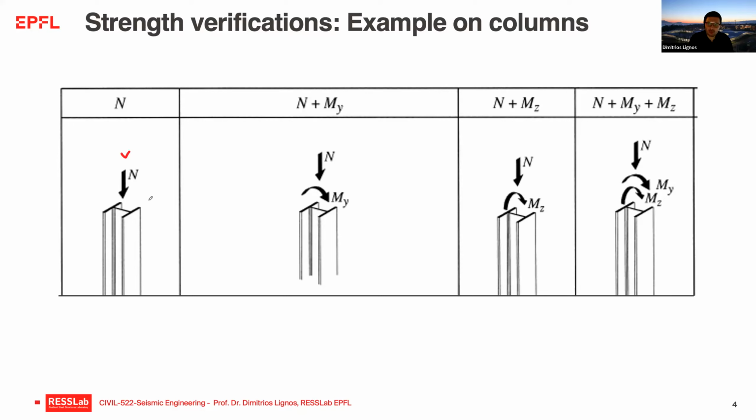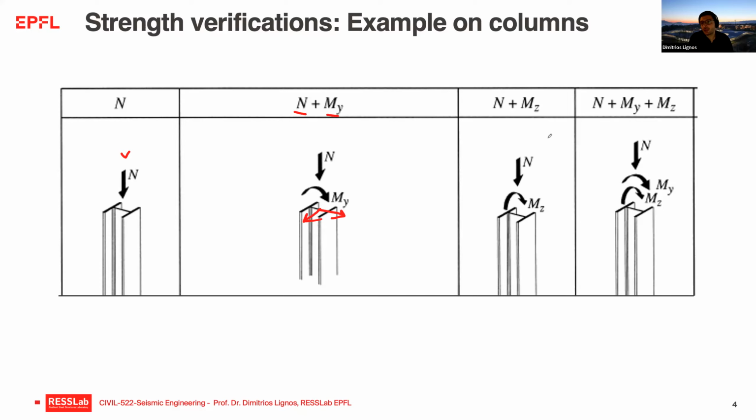And then from my typical design class you did, you have to check the column for compression and buckling. Because you have axial load and bending from what we saw before, you will have to check the column depending on the orientation of the strong axis and also the orientation of the primary bending that you see, the interaction of axial load and bending.